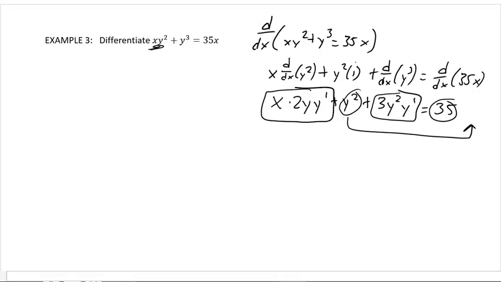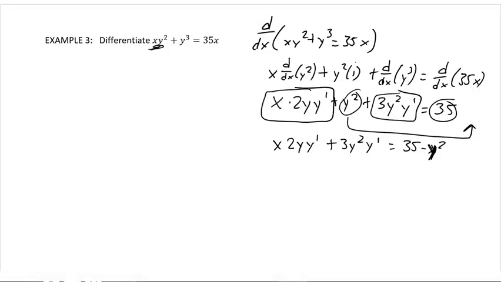So I have this. I would subtract y squared from both sides, and I'd have 35 minus y squared. And in order to complete this, I need to factor out the y prime, and I'm going to reorder this here and make it 2xy plus 3y squared.